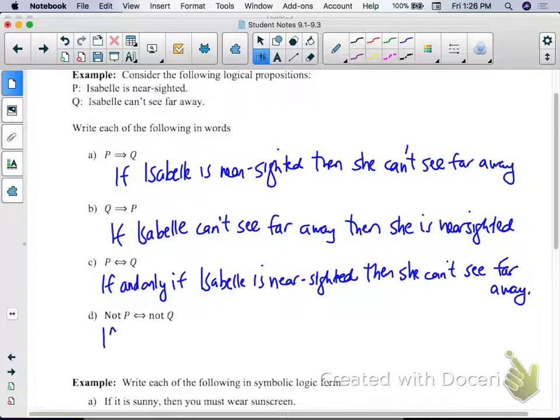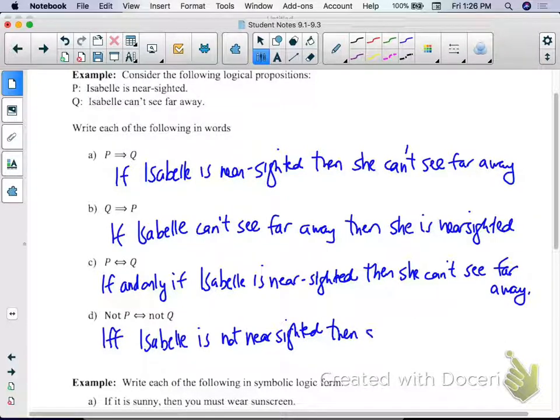The next one's the same thing, except now we have the word not in it. And again, just because I don't feel like writing out the if and only if again, I'm going to use the IFF. You can always do that, and that's fine. Maybe not on the exam. Write it out just in case someone's not familiar with that. But if and only if Isabel is not nearsighted, then she can see far away.